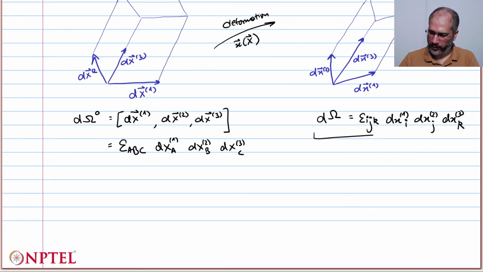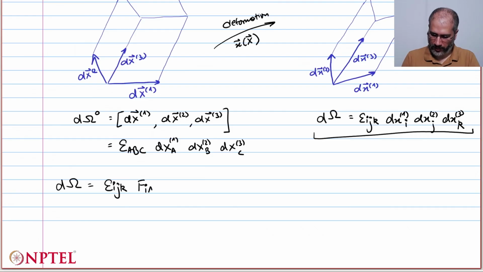So like earlier, we'll start with this expression and we'll try to express d omega in terms of d omega naught first, and then we'll take the material derivative of that. So we write d omega as epsilon ijk, and now I express the d small x vectors in terms of d capital X vectors.